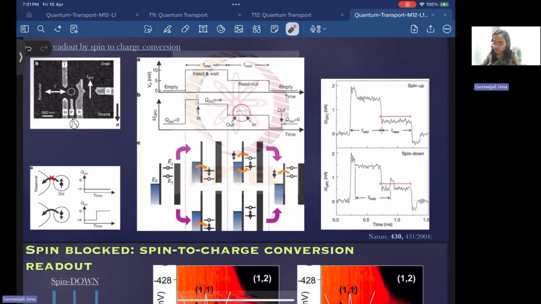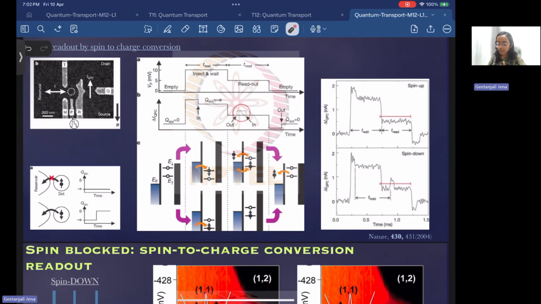Now when we suddenly increase the voltage to this quantum dot, what will happen? This will make the levels lower down. Because of the increase in positive voltage, the levels will be pulled down below the Fermi level.